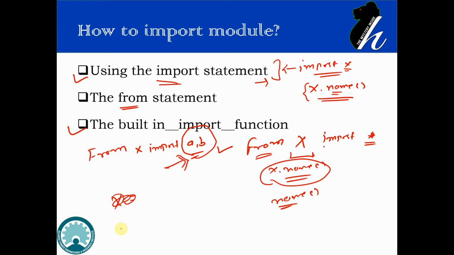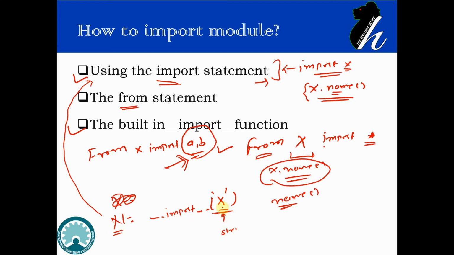Let's say n equals double underscore import double underscore, and inside brackets the name of the module in a string. It works like the first method, import x, but here the module name is passed as a string and explicitly assigned to a variable in the current namespace.